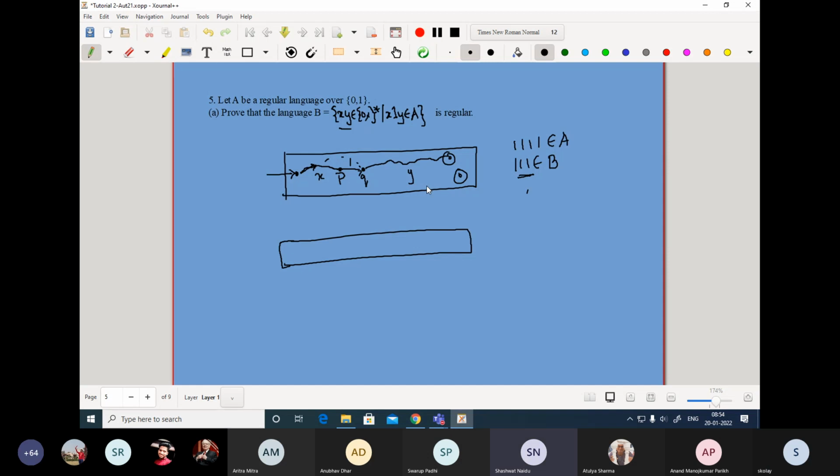If we could prove A union B is a regular language and A is already a regular language, then we can use the symmetric difference, right? Okay, so what are you saying?